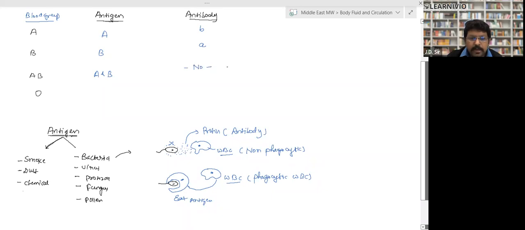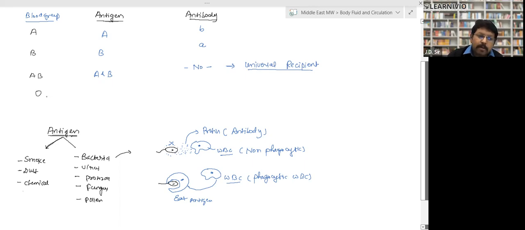That's why they are called universal recipients. So a person with AB blood group can take blood from any other blood group.